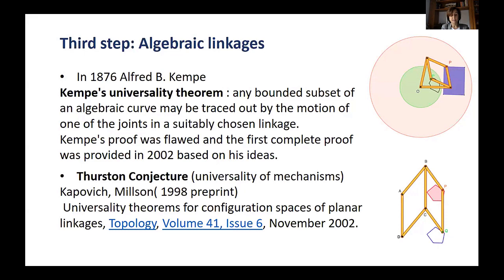Note that at this moment we are limited to polynomials in two variables. But the full solution to this problem did not arrive until 2000 with the proof of Thurston's conjecture by Kapovich and Millson, generalizing Kempe's work to smooth compact manifolds.